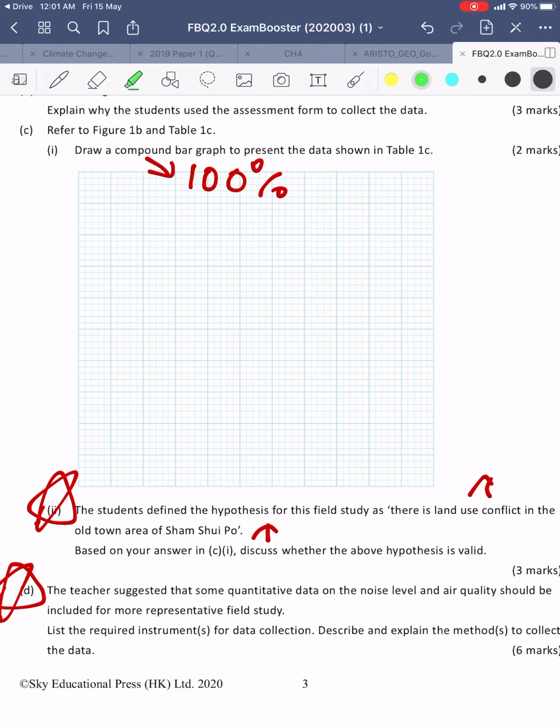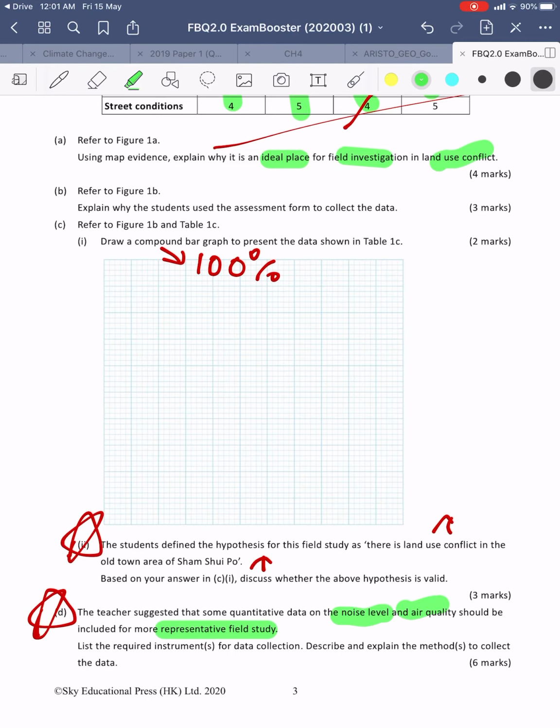If qualitative data is not enough, as I have mentioned before, we have to use a meter for the noise level and air quality. What kind of instrument do you have to use? And describe and explain the method to collect the data. For this one, not just pointing out what kind of instrument we have to use, you have to tell me the correct procedure for using this kind of instrument.